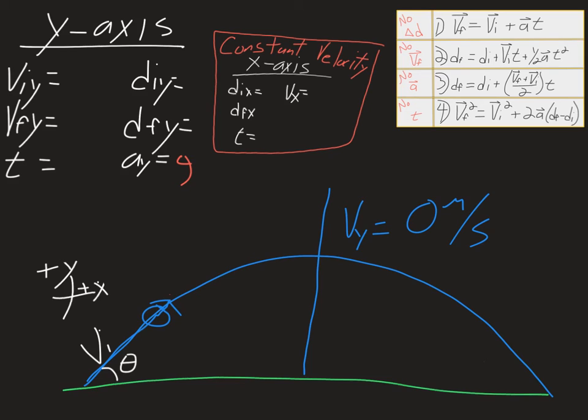The other thing we can assume is if it is symmetrical, like most of these are, then you're going to be able to say things like the time for this first half is going to be equal to the time of the second half, okay? That can help us out a whole lot, because that means we can then solve things for when the ball is at that point where we know another velocity in the y for it.